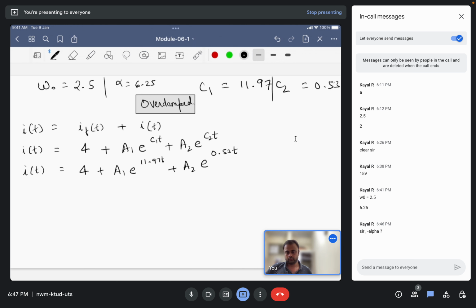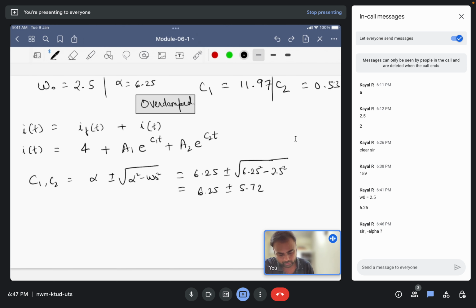So we have made some mistake here because the value has to be negative since the case is overdamped. So the equation here is minus alpha plus minus square root of alpha square minus omega squared, so this will be a minus term here.